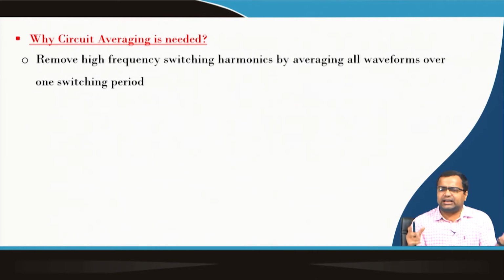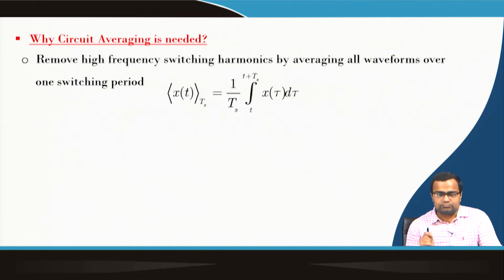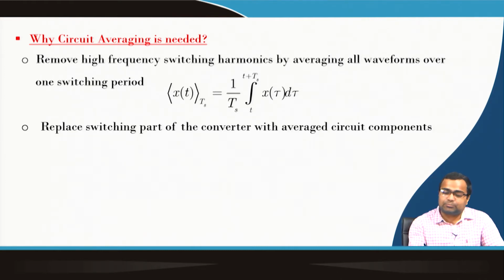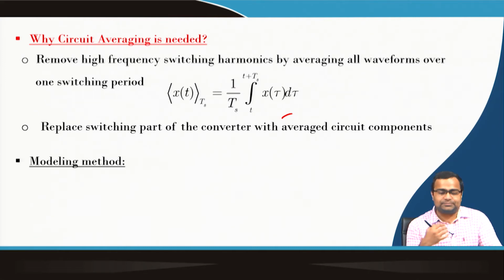A generalized averaging technique can also incorporate the harmonic information, but here we are talking about the standard or traditional averaging technique, where we eliminate the harmonic information and take only the average dynamics of the dynamical equation, by averaging over a switching period. That means this model is valid only up to half of the switching frequency. Then we will replace the switching part of the converter with its average quantity.